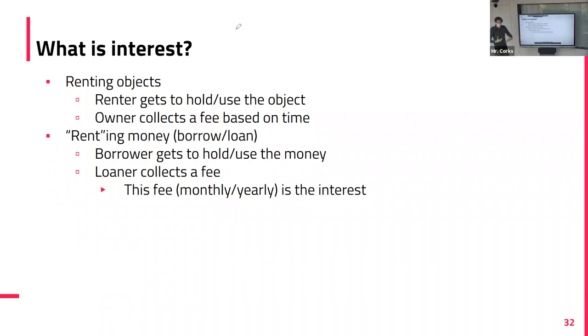I get this privilege of holding this amount of money and I can spend it on whatever, but whoever I'm borrowing it from, I need to pay them rent for that money. And the larger the amount of money, the more rent I pay, just like if you rent a bigger house or a bigger car, you pay more money for it. So that's the idea. It's the fee that you pay to rent money, or when you rent it to other people, it's the fee that they pay you.